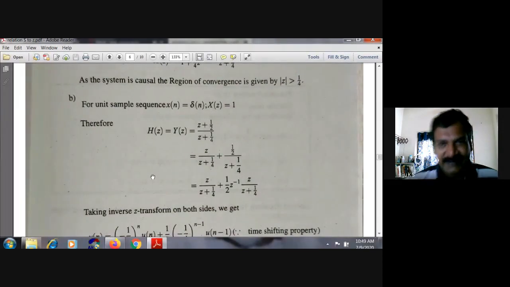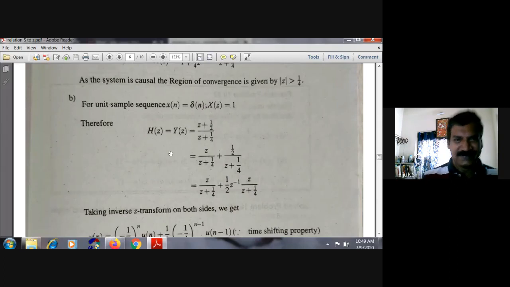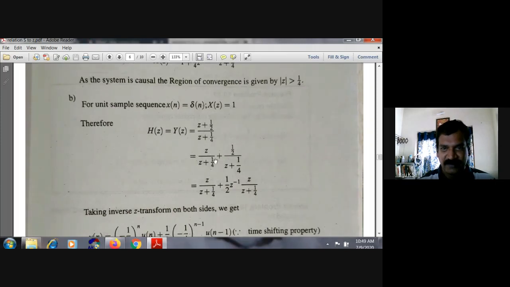So we take the response hz. There is no need of taking partial fractions. The first term is a convenient term, z by z plus 1 by 4.